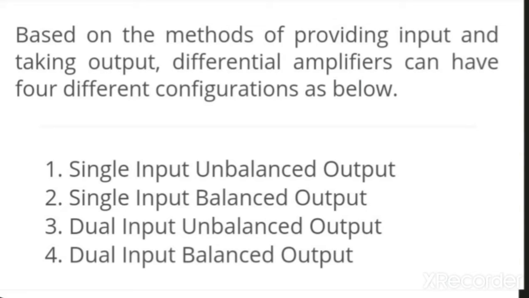These 4 configurations are single input unbalanced output, single input balanced output, dual input unbalanced output, and dual input balanced output. Out of these 4 configurations, we will discuss only dual input balanced output in detail.